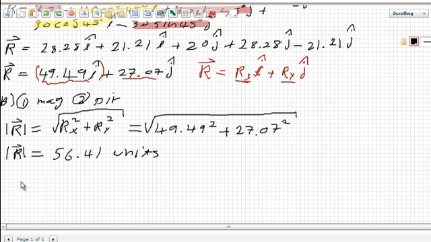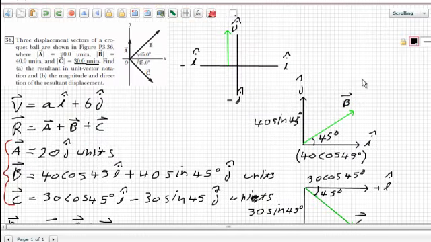Now the second part they want is the direction. Now what are they talking about when they mention the direction? If we were to do this the old-fashioned way of adding up the vectors over here, we would have to add vector A, B, and C head to tail.